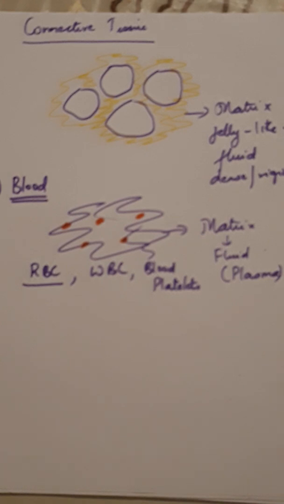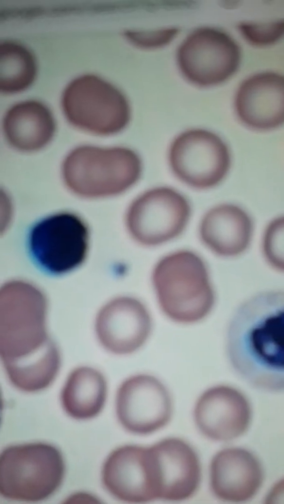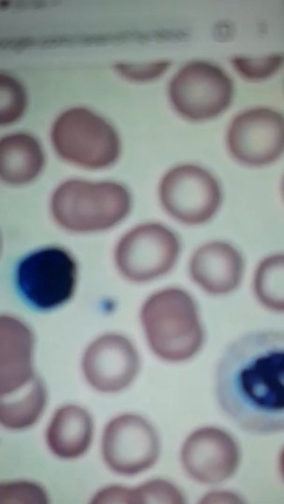Remember that blood flows and transports gases. It not only transports gases, but it also carries digested food, hormones, and different waste materials to different parts of the body. I will just show you a picture of blood as a connective tissue. This is nothing but the different cells which are present in the blood.